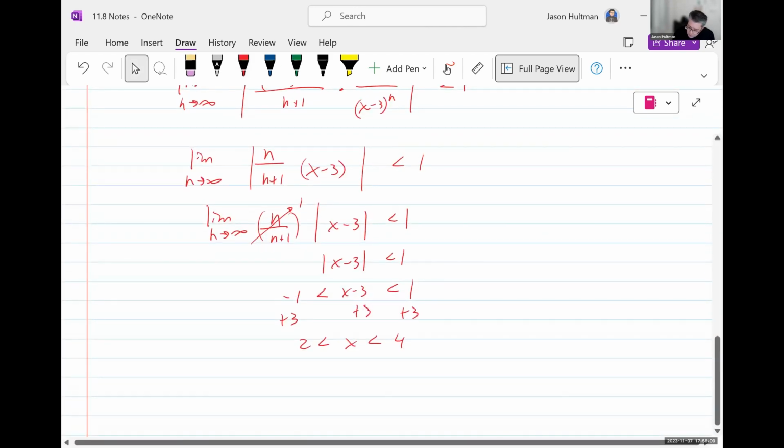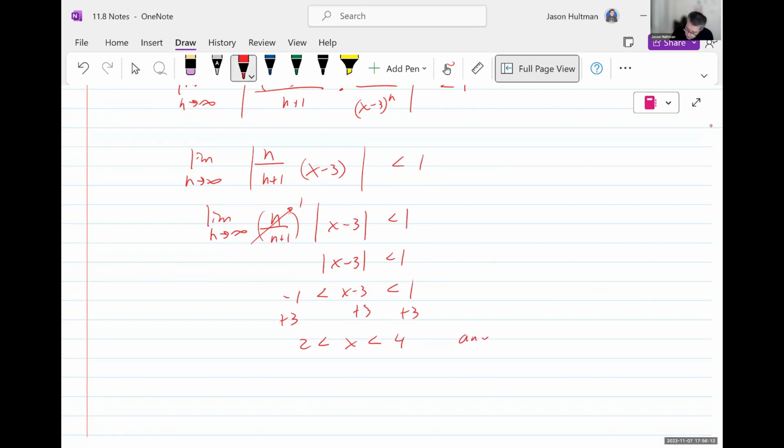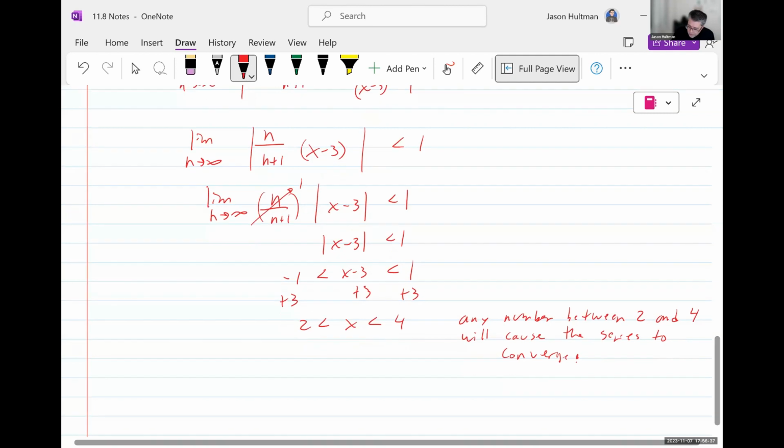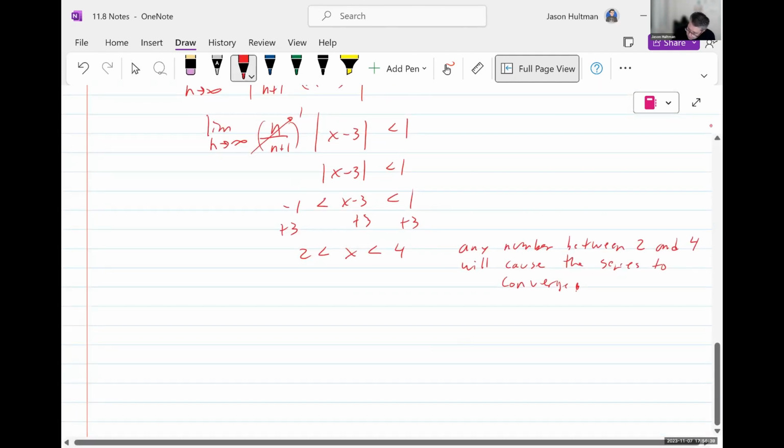So any number between 2 and 4 will cause the series to converge.